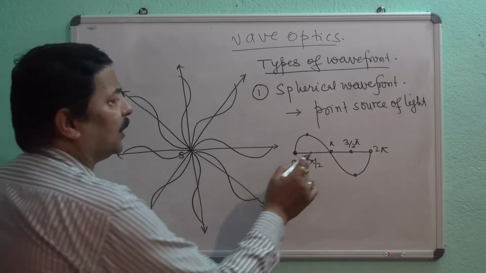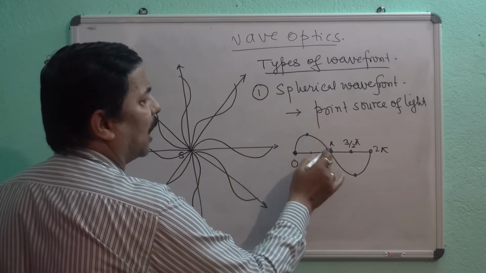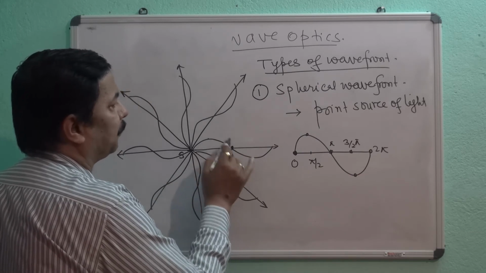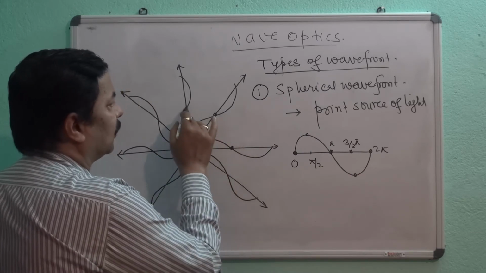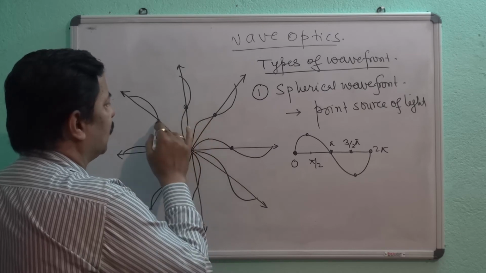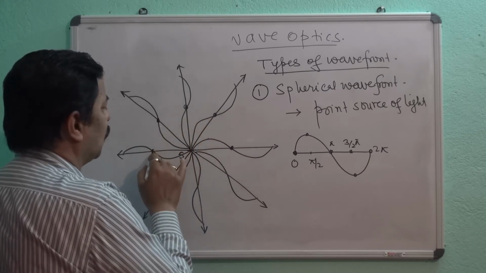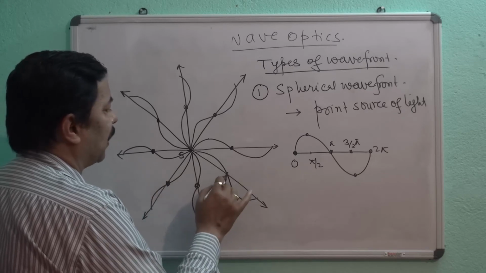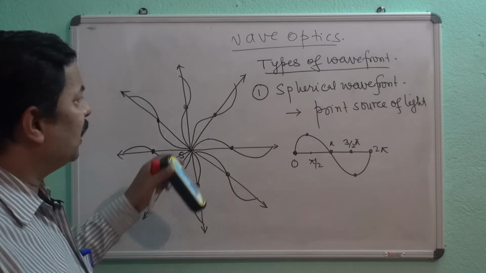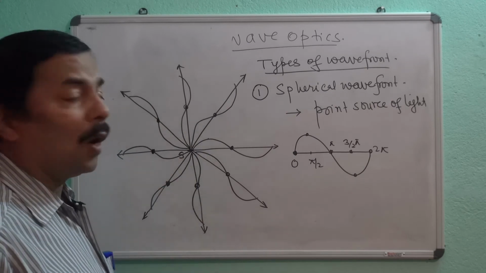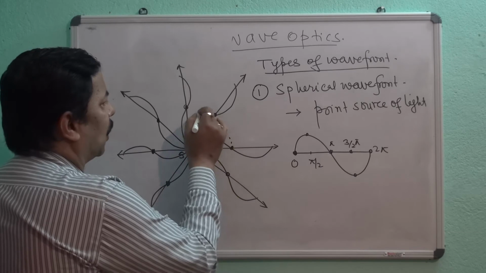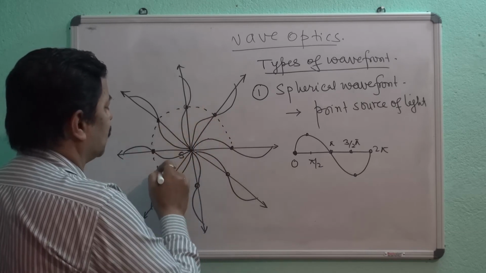If you see these points just after the crest, this is your pi, and this is your pi, and finally this is your pi. So these points are in the same phase. If I join them by a dotted line, what will you observe?